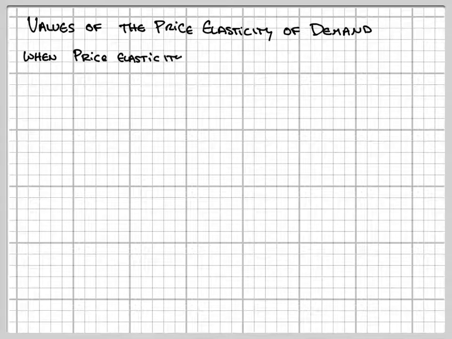So when price elasticity of demand is greater than 1, that means a 1% increase in price leads to a more than 1% decrease in quantity demanded. So that means demand is relatively responsive to changes in price. So we say the demand is elastic at this point.